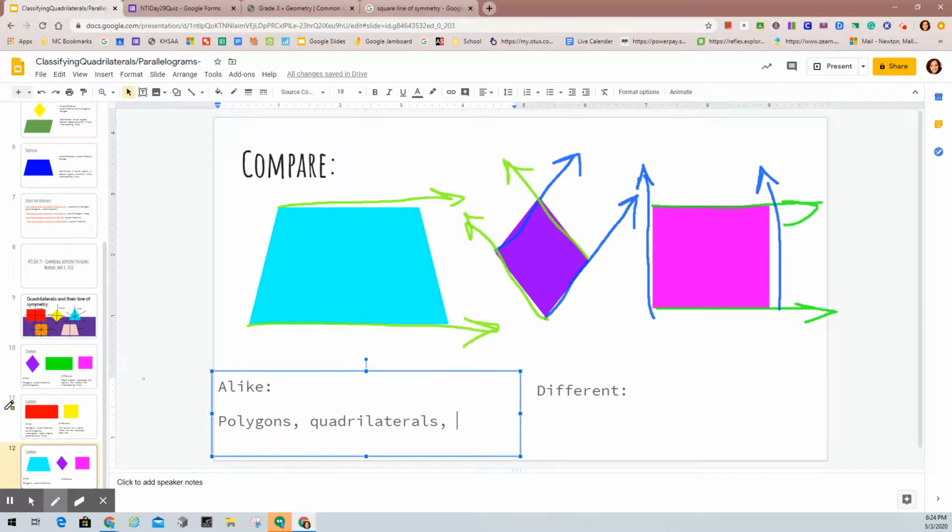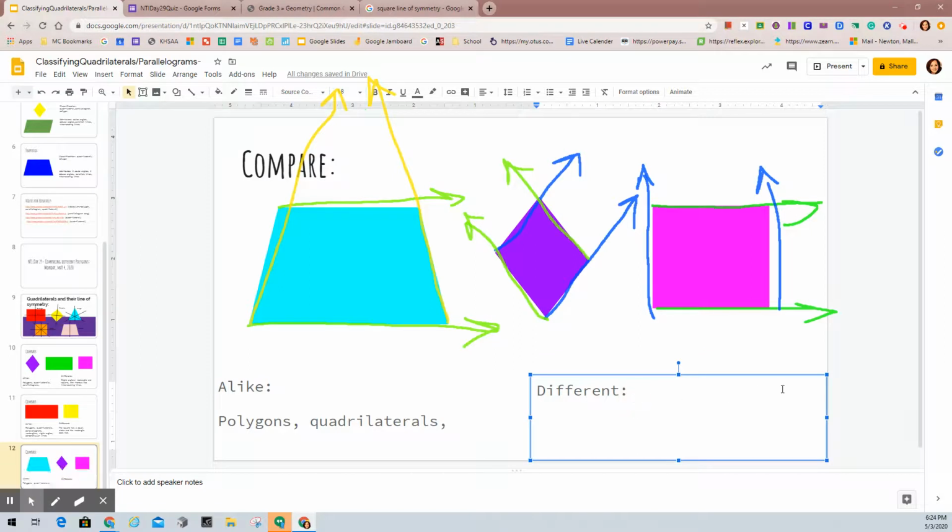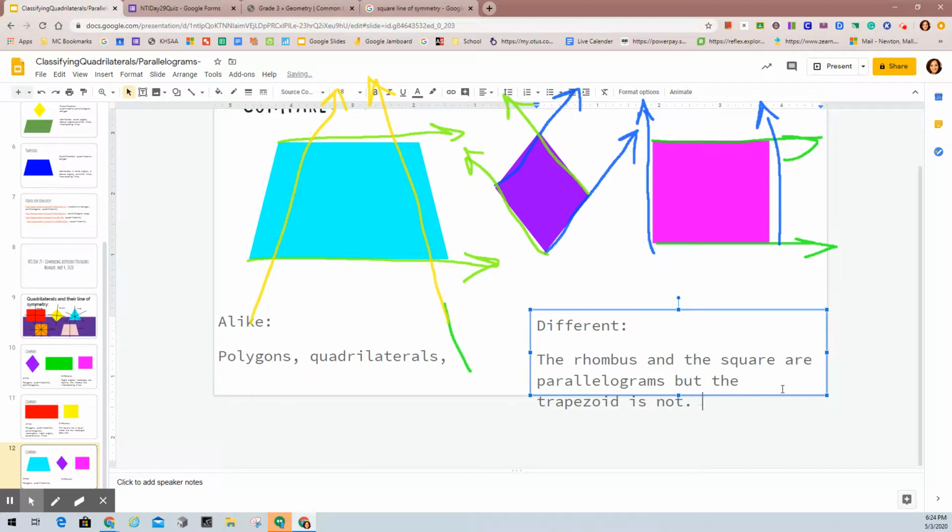But remember how we talked about a trapezoid not being a parallelogram, because these sides would eventually intersect. Okay, so they're actually not all parallelograms. I can put that in my different column. The rhombus and the square are parallelograms, but the trapezoid is not.